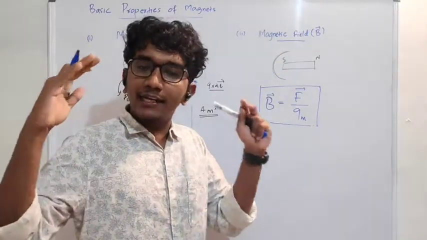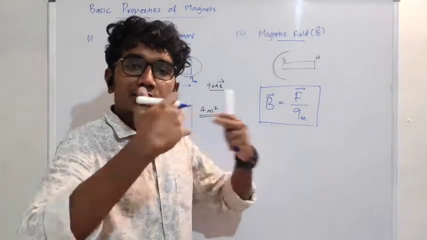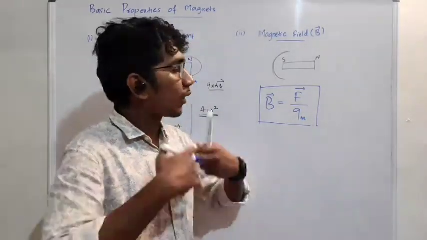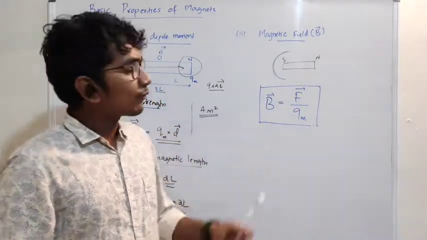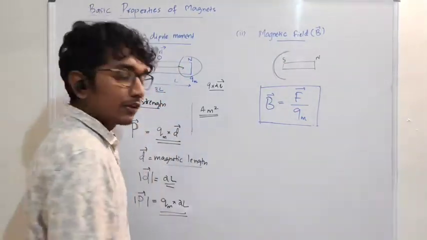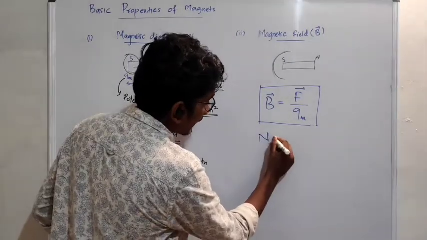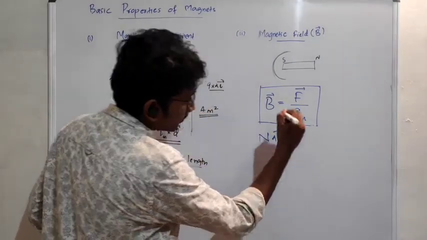If someone asks what exactly magnetic field is, you explain it this way. What is the unit? Newton ampere raised to -1 meter raised to -1.